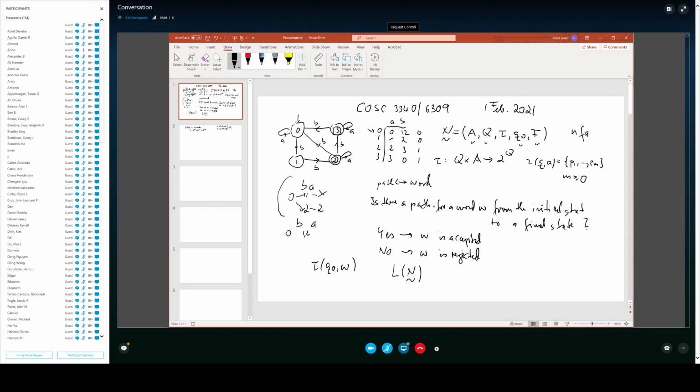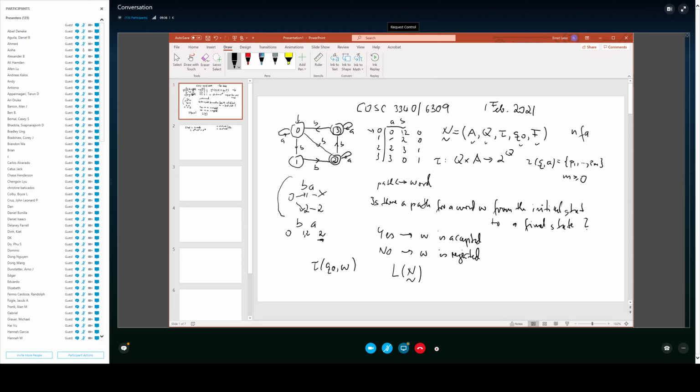And now from state 1 or 2, these two states, under A, well, from 1 under A, we don't go anywhere, so this isn't the empty set. And from 2 under A, we go to 2, which means that if we're interested in all the states that can be reached from the initial state using the word BA, then this is exactly the state 2.